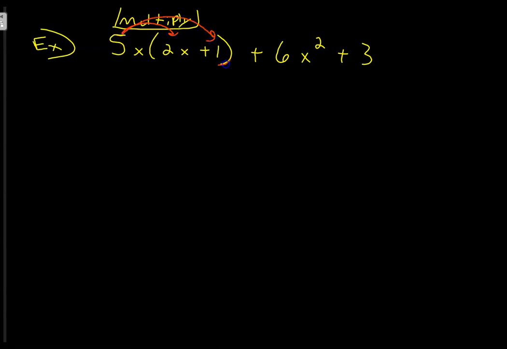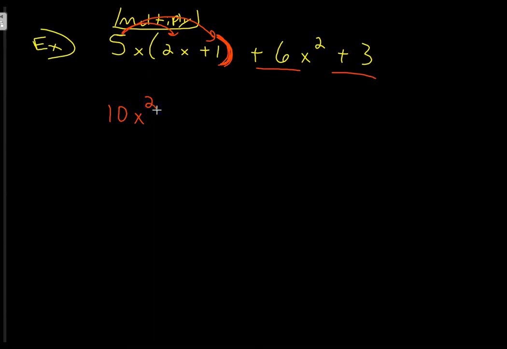Notice this is where the parentheses stop. So because this is where the parentheses stop, that's where I stop distributing the 5x. I should not distribute 5x to the 6x squared or the 3 because they are not in parentheses. That's multiplied to the 5. So this becomes 5x times 2x is 10x to the second.